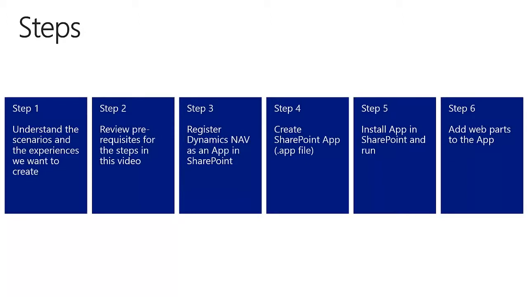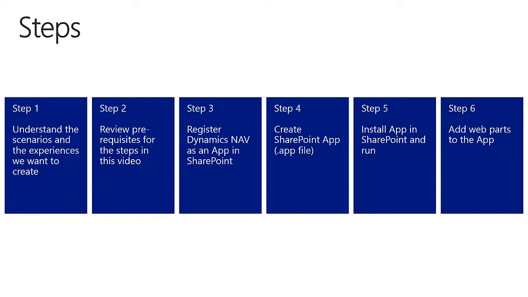In step 1 we will describe the scenarios we want to address and the experiences we want to create. In step 2 we will review the prerequisites for this video. And then we get to the actual steps you need to perform in order to embed NAV on SharePoint. In step 3 we show you how to register NAV as an app in SharePoint, thereby allowing NAV access to SharePoint.